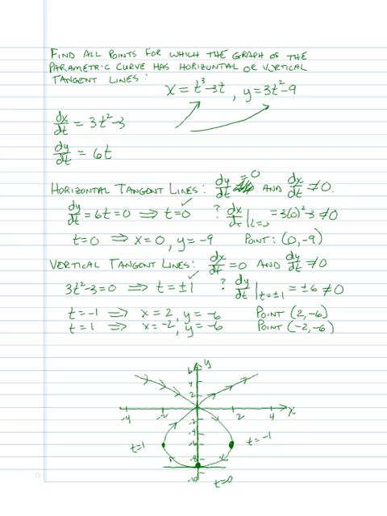And we have our vertical tangent lines at t equal to -1, which would be this tangent line, and a vertical tangent line at t equal to +1 that happens at (-2, -6), and that would be a tangent line right here. So you see what we've done. This helps make a little sense of it.